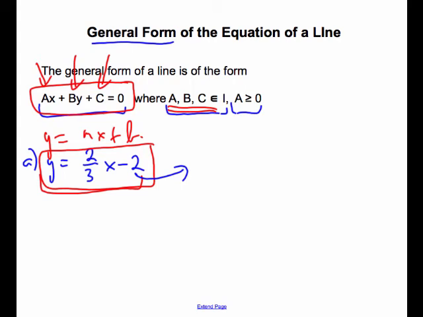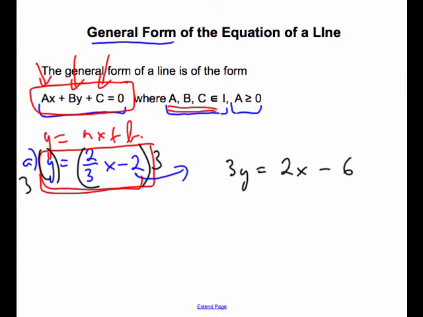To begin with, because I'm not allowed to have fractions in standard form, in general form, we often call these interchangeably general or standard form, I'm going to clear the fractions by multiplying both sides of the equation by 3. So if I multiply both sides by 3, I'm going to get 3y equals 2x minus 6.